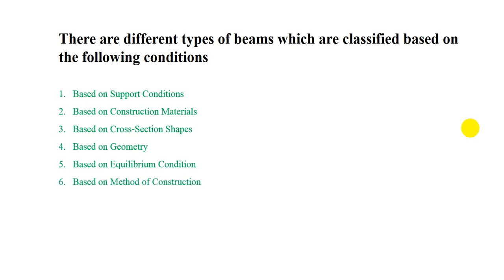Then based on methods of construction, in which way we can construct a beam for our structure. And lastly, we'll discuss some other methods. So let's start with support condition.